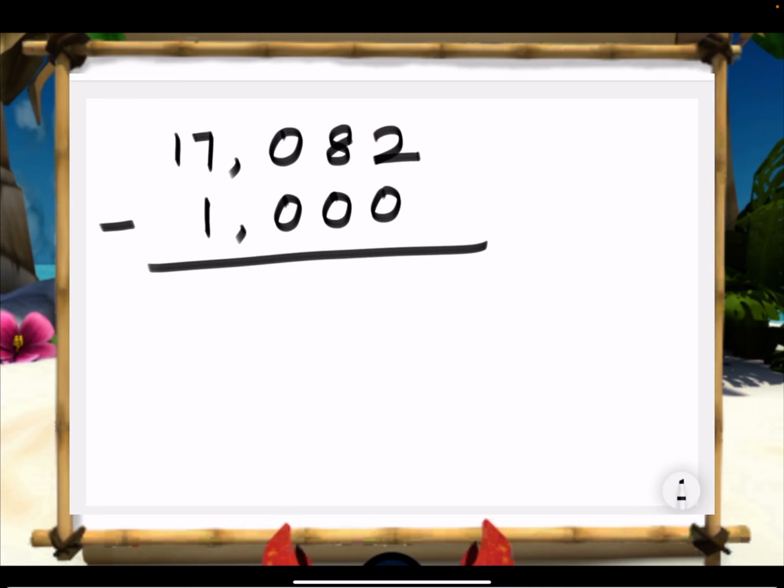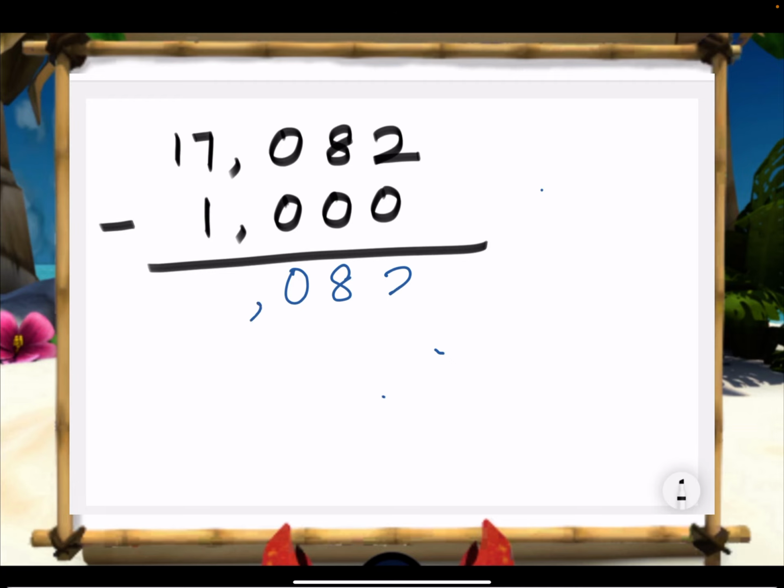So the next question is, let's find the difference between the two numbers, 17,082 and 1,000. So let's do the subtraction. 2 minus 0 is 2. And 8 minus 0 is 8. 0 minus 0, we know it is nothing. Minus nothing is nothing, right?